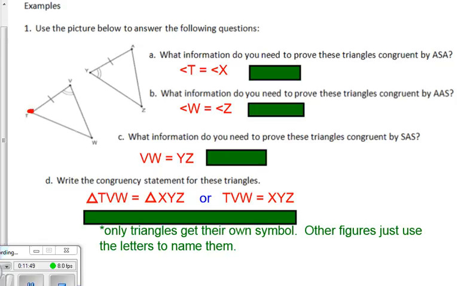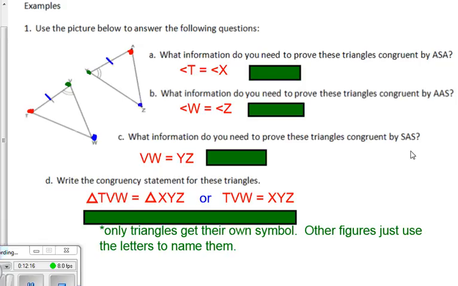T is across from the longest side there, so T is the same as X in this case. V is the one that has the double angle from it, so that would be Y as the second letter. And W is the one opposite the side that we know, so that would be Z in this case. It's opposite of that side.